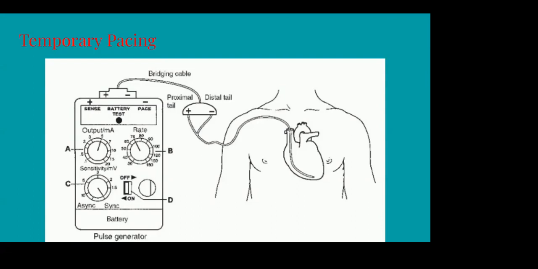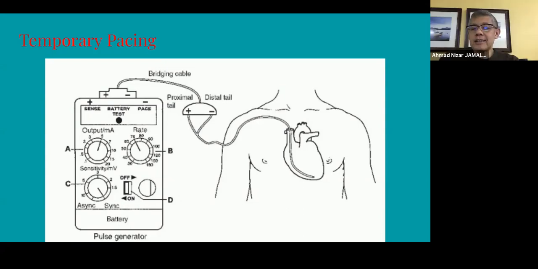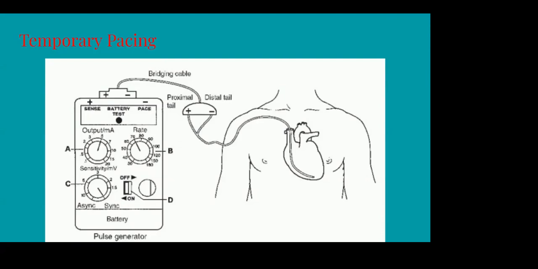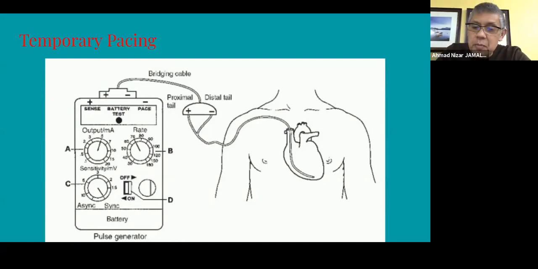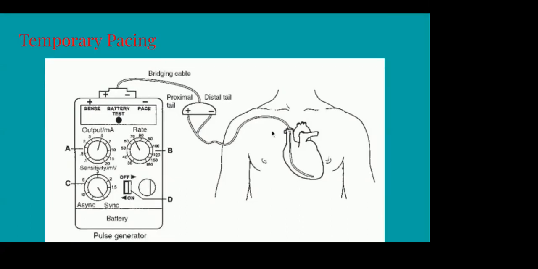Funnily, when I was training, we were asked to put into the subclavian so the patient can walk around. But we need the access for the permanent pacemaker, and if that area gets infected, then you have a problem. That was the picture that I could get.